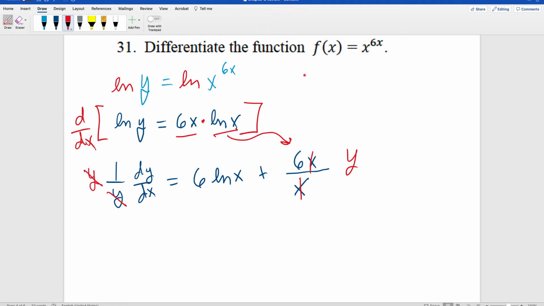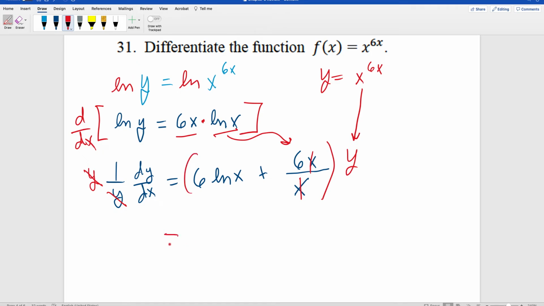And then the last thing we're going to do is, right, we started off with what was y? Y is x to the 6x. So on this side, we're going to have terms that only have x's in them. We won't have a y or anything else in them. So we're going to make this substitution when I rewrite it. We're going to replace y, and this y is really this whole thing.